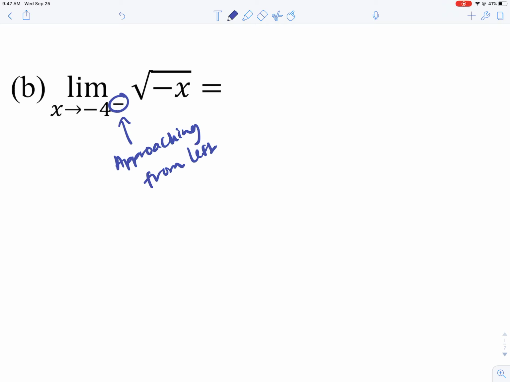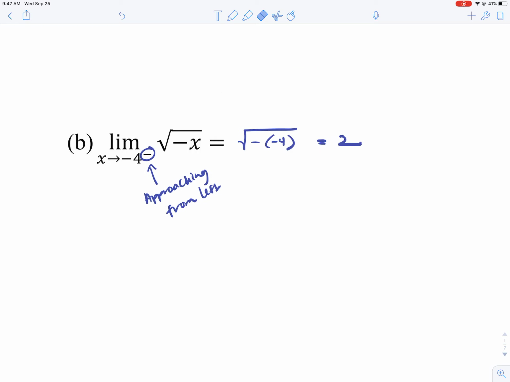You guys probably remember this is the square root of x with a horizontal reflection, so the graph looks kind of like that. As x approaches negative 4 from the left, we're just going to plug in negative 4, which would end up giving us the square root of 4, or 2. Okay, so we can use direct substitution, unless it's a piecewise function, then you kind of need to think about it a little bit more. Think about what the graph is when you take one-sided limits.